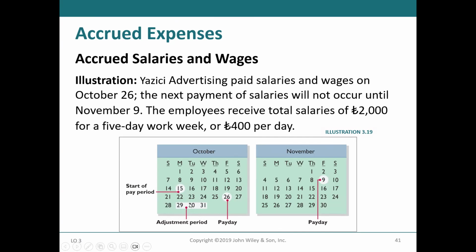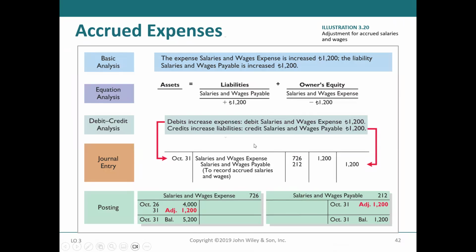We take 400 times 3, that will give us 1,200. So the adjusting entry will be debit salary and wages expense 1,200, and we credit salary and wages payable 1,200. And then we post them to the ledger.